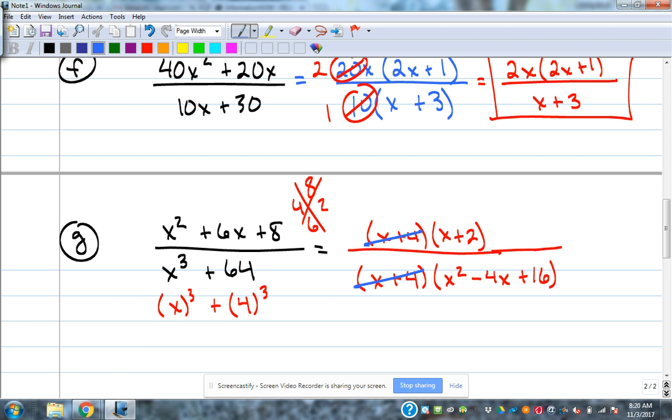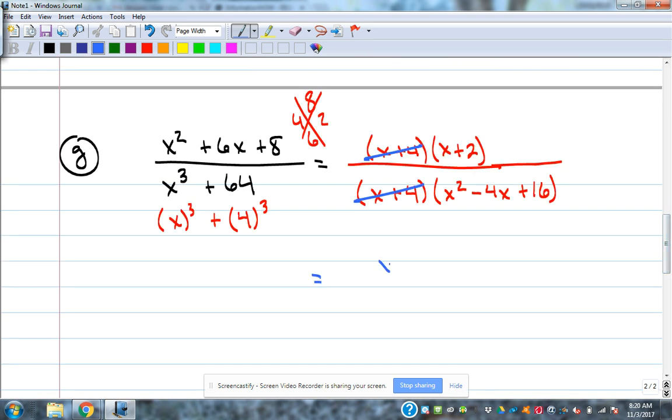Will this trinomial that's over here ever factor any further? No, because it came from a sum or a difference of cubes. You know that will never factor any further if it came from that. So we don't have to worry about factoring that again. That leaves us x plus 2 over that trinomial, x squared minus 4x plus 16.